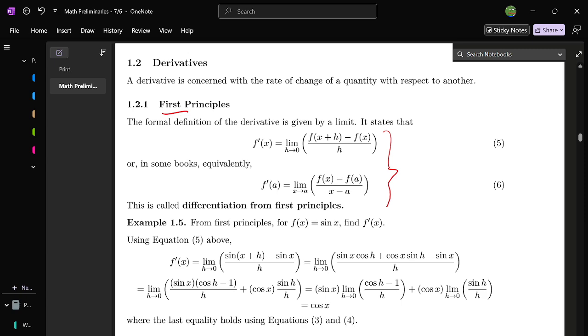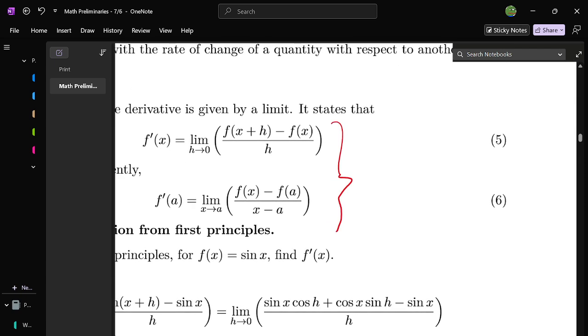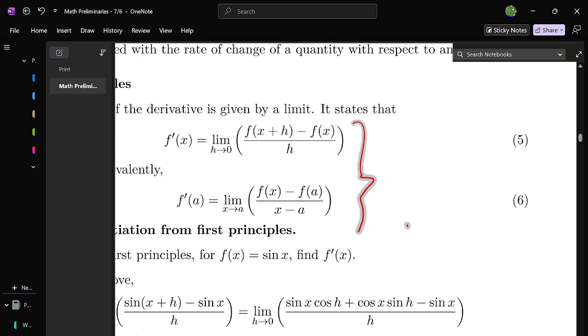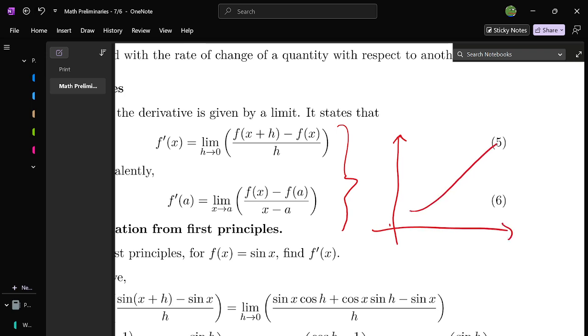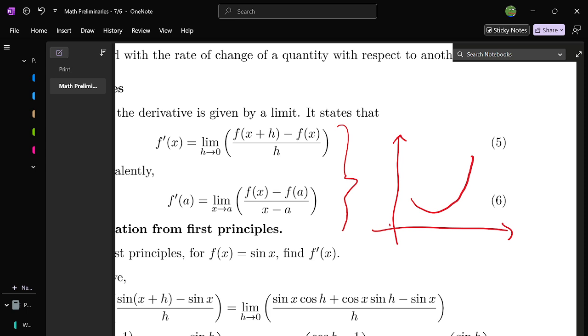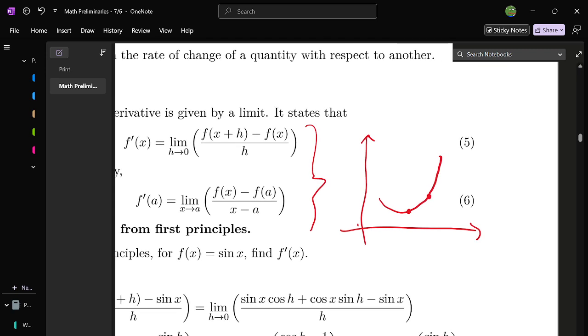The way to see how this works is you can consider a graph of some random function. If you take 2 points on the graph, let's say you call this x, and then you call this a.